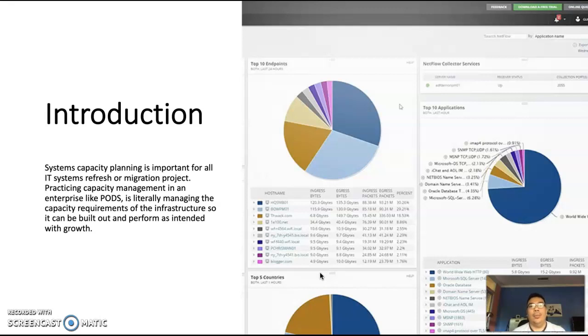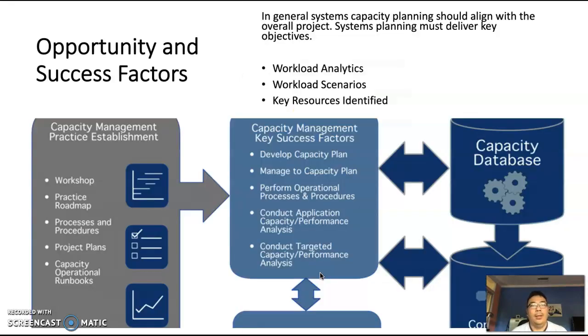One thing that PODs lacks is our ability to do proper capacity planning, especially on the system infrastructure side. So I'd like to talk a little bit about that. We all know that PODs as a business relies on information technologies, its applications, and its system infrastructure to do orders, to provide quotes to our potential or current customers and clients.